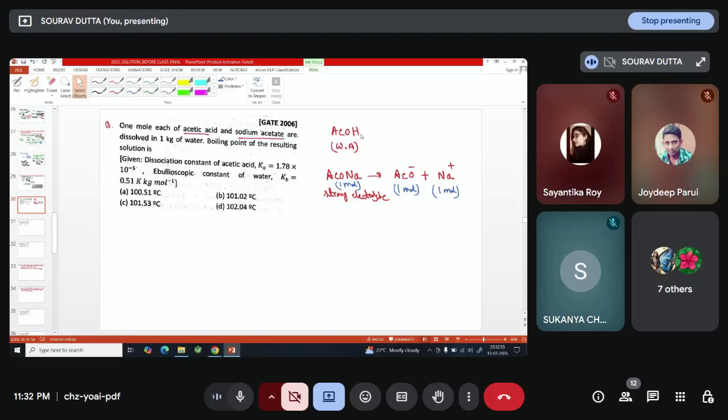The mole number of acetic acid is given as 1 mole, so a very small amount of acetic acid will be dissociated into acetate and H plus. For simplification we can ignore this dissociation here.